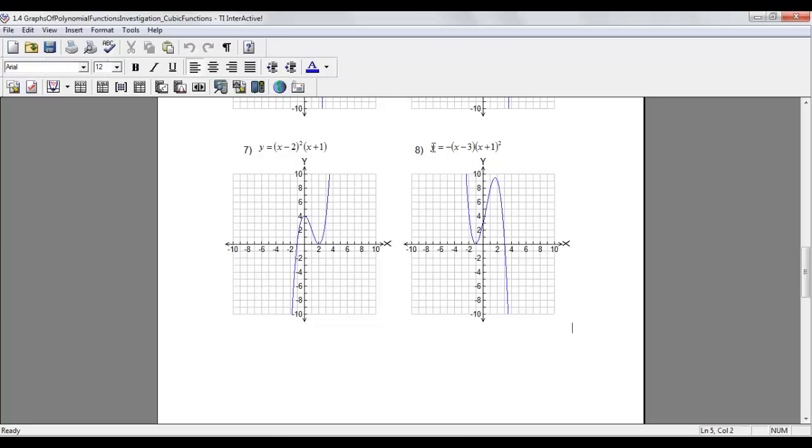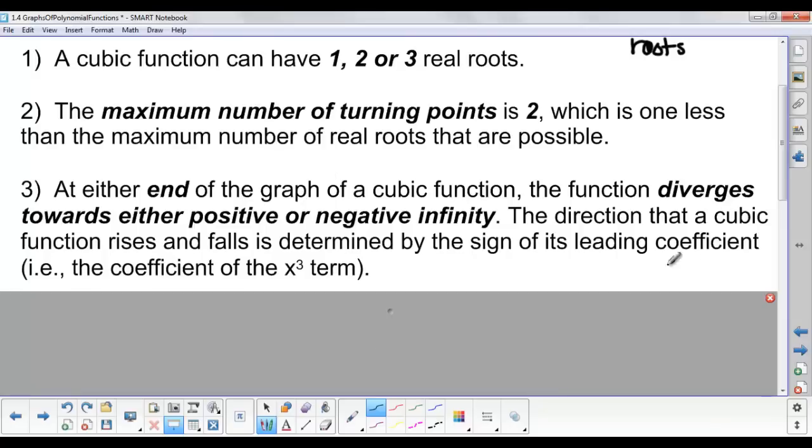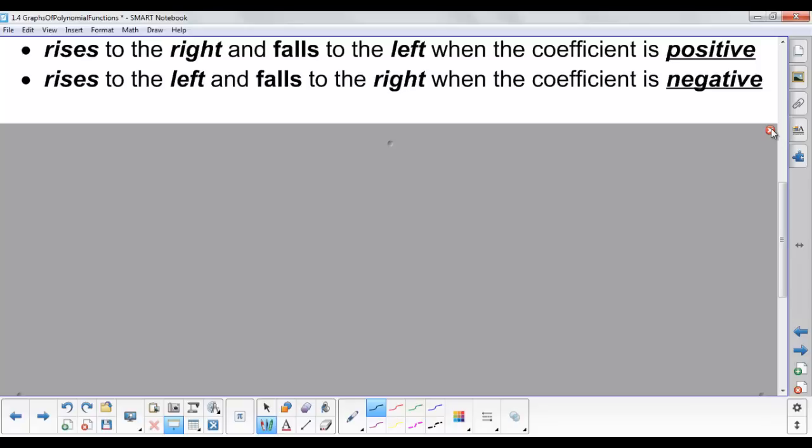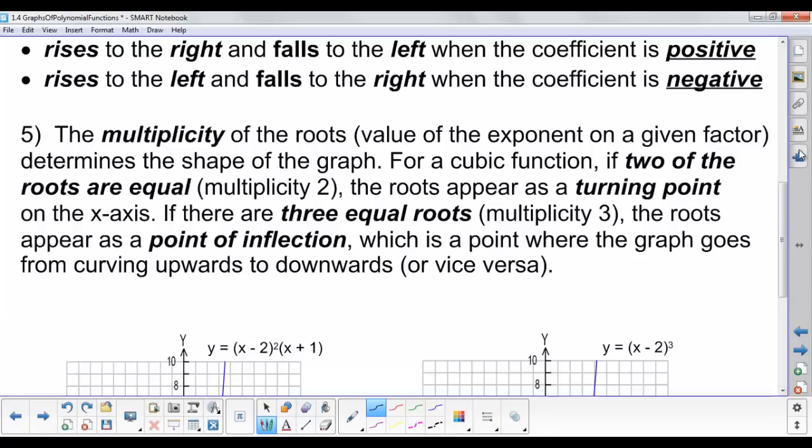When our leading coefficient in a cubic graph is negative, the end behavior changes. So a negative leading coefficient means you are going to fall to the right and rise to the left, which is conclusion number 4.